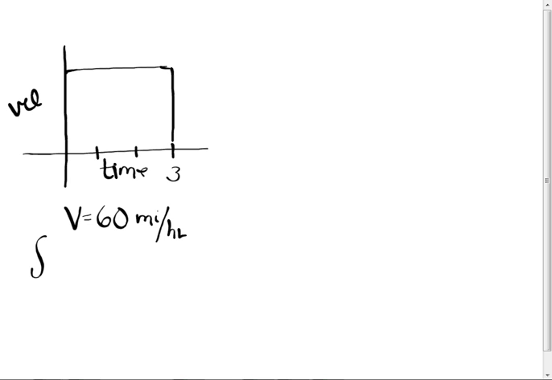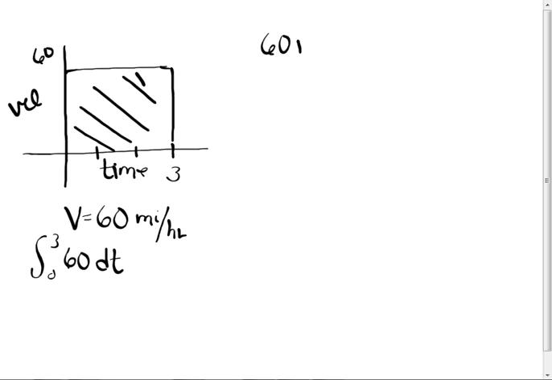So it's the integral from 0 to 3 of 60 miles per hour dt. You could actually do an antiderivative, or you can do geometry. Wouldn't you rather just do geometry? This is 60. How many miles have you gone? 60 miles in 1 hour. You can do it dimensionally. It really helps. Times 3 hours. How many miles have you gone? 180 miles.